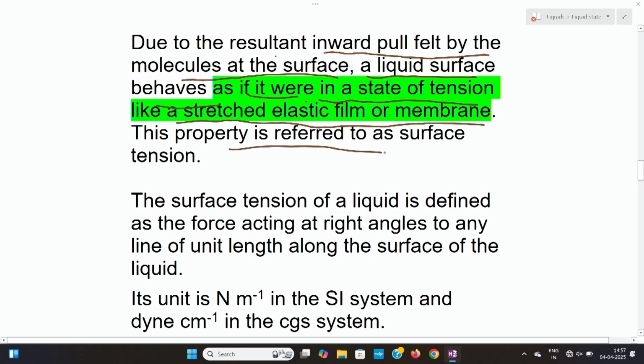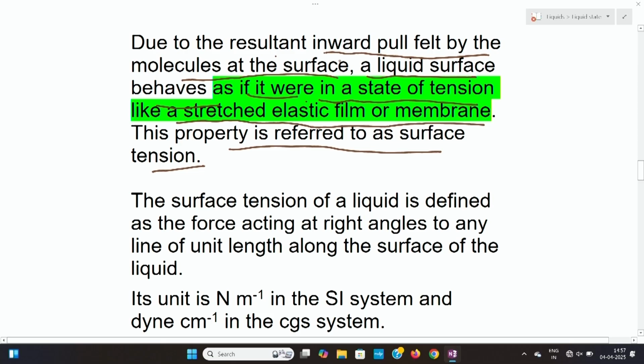This property is referred to as surface tension. That is, because of the resultant inward pull of the molecules at the surface, the liquid surface behaves as a stretched elastic membrane, and this property is called surface tension.